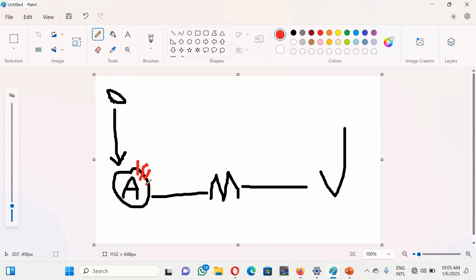Now, sound will travel more to M and lesser to V because of the distance. So if V was closer somewhere here, V would have heard more of the sound produced from A than M. So it means that distance or movement is also considered when we're dealing with the Doppler effect.